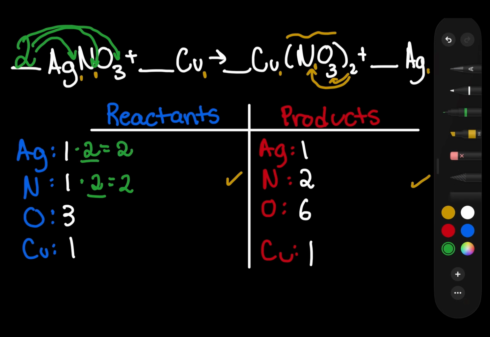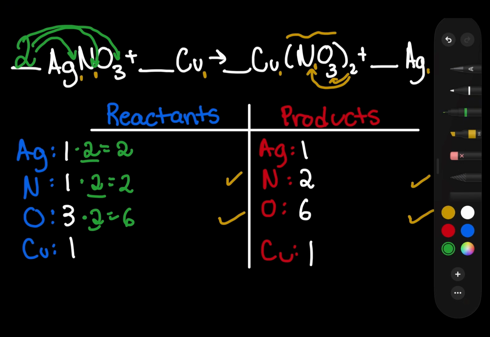So now there's 2 Ag, and now the coefficient of 2 is being multiplied by the 3 oxygen, so now we have 6 oxygen. So we write that down. So now, as we can see, the 2 oxygen here are balanced. However, the Ag isn't, so we still have to do something about it.